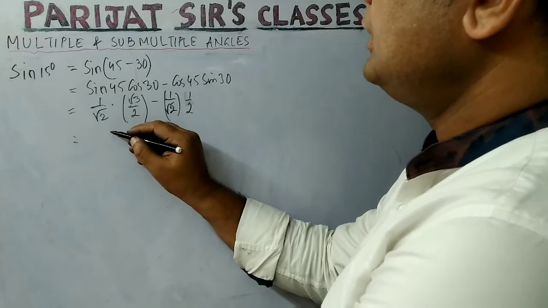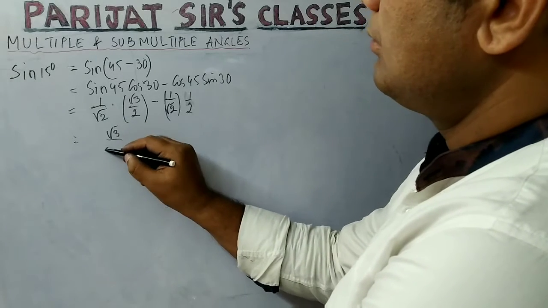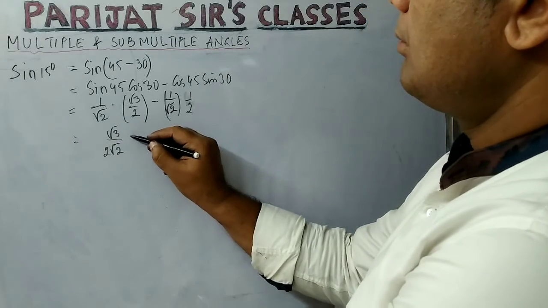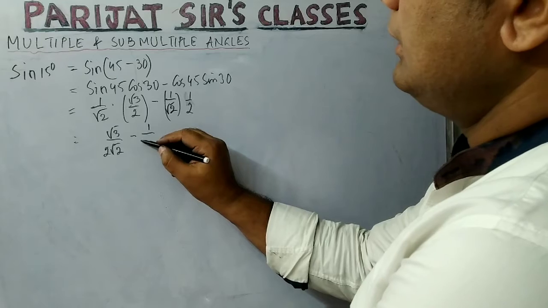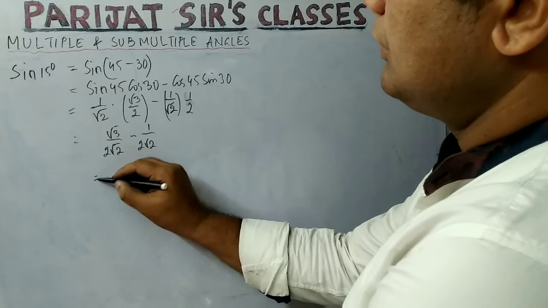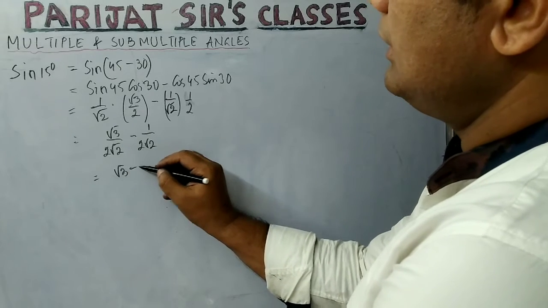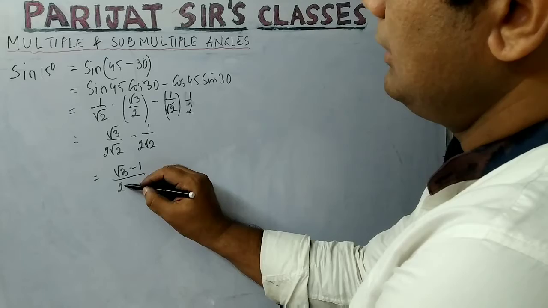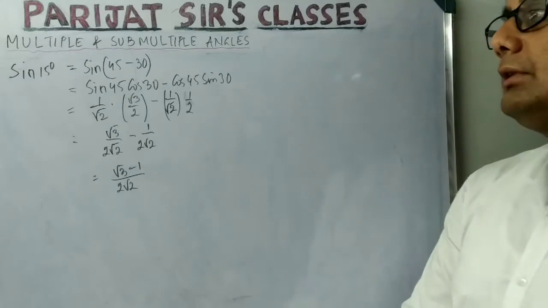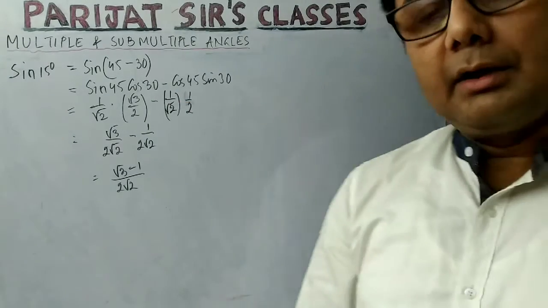So it comes out to be root 3 by 2 root 2 minus 1 by 2 root 2. So the value is root 3 minus 1 by 2 root 2. So this is the value of sine 15 degree.